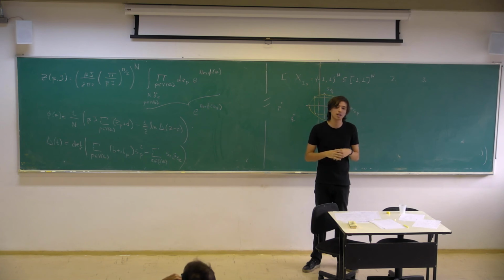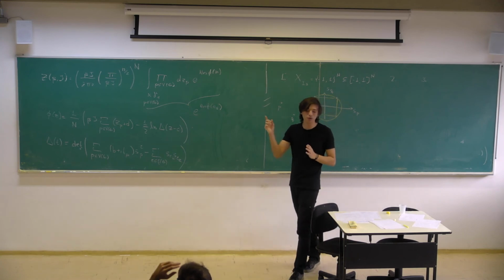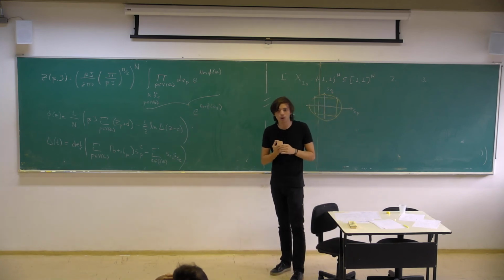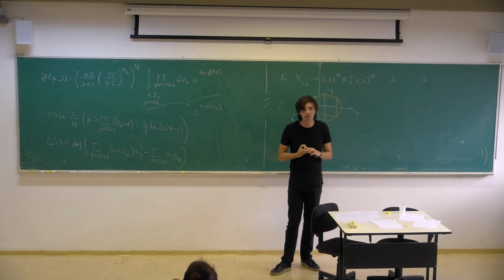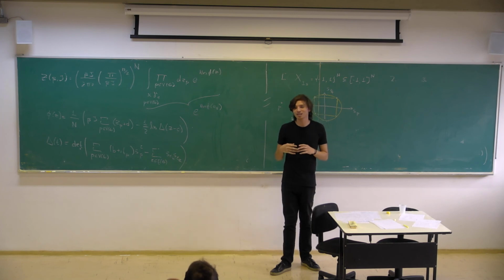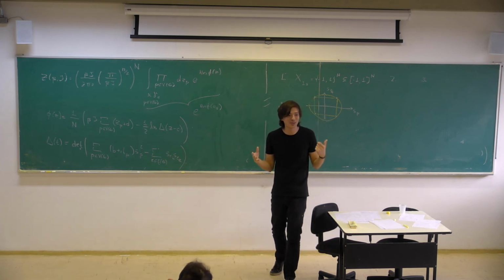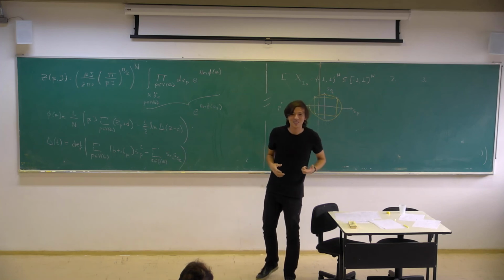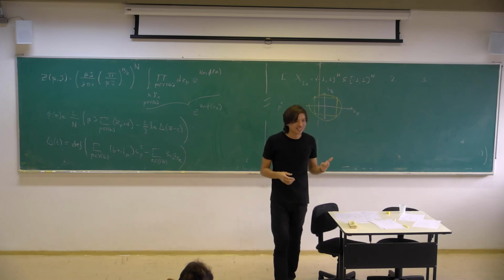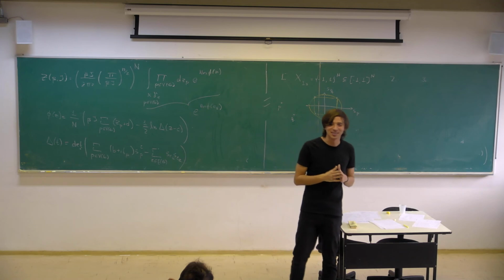And the spherical model is the limit as n goes to infinity. If you recall, the O(n) model for n equals 1 is the Ising model, for n equals 2 is the XY model, and for n equals 3, the Heisenberg model. So people think that the spherical model is an approximation not to the Ising model, but rather to the Heisenberg model, because 3 is bigger than 1, and 3 is closer to infinity than 1.